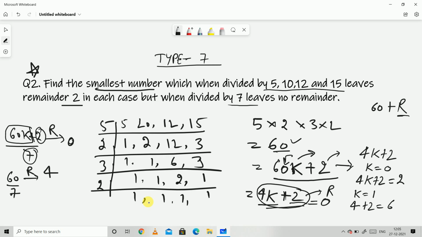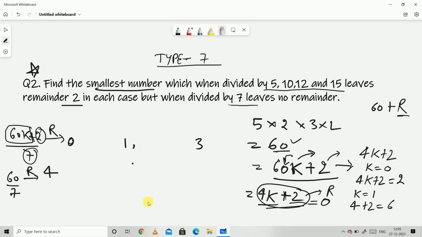But again 6 is also not divisible by 7. Then next, let's put k equals 2. That will be 4 into 2 plus 2, which is 8 plus 2, that is 10. Again not divisible by 7.